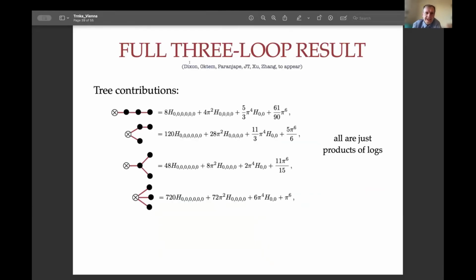But we reproduce it in terms of the negative geometries, and we will see a very clear hierarchy between contributions. The tree graphs, there are a number of them, are still just products of logs, but we can also write them in terms of harmonic polylogarithms with zero entries. This is log to the 6, this is log to the 4, this is log square. So all are just products of logs.